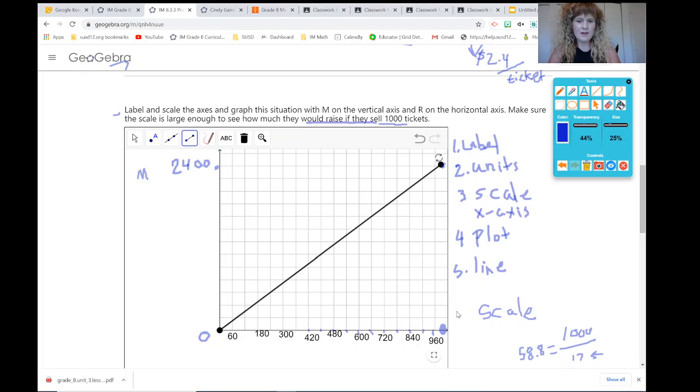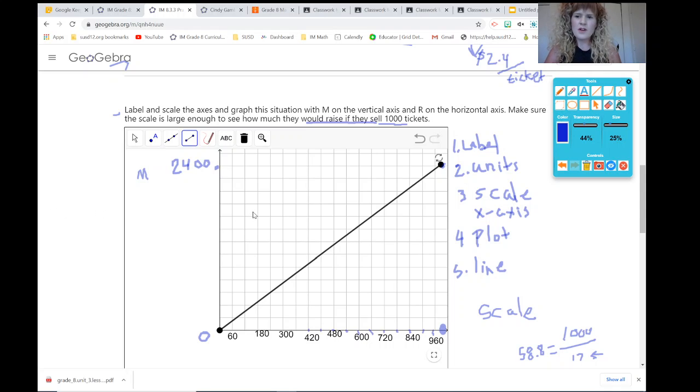Now, here's the graph. We put the scale on the x-axis, but we only wrote the scale here on the y-axis to save a lot of time. If you wanted to do the scale, you can. Let's count. How many tick marks are there? 1, 2, 3, 4, 5, 6, 7, 8, 9, 10, 11, 12, 13. There's 13 tick marks.